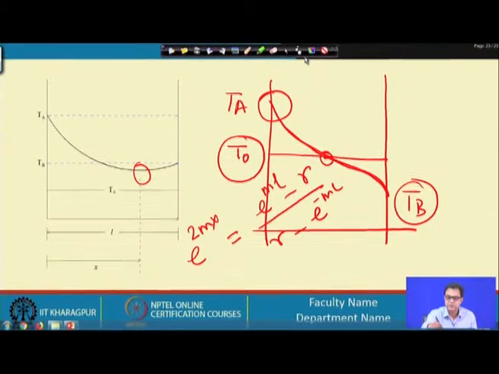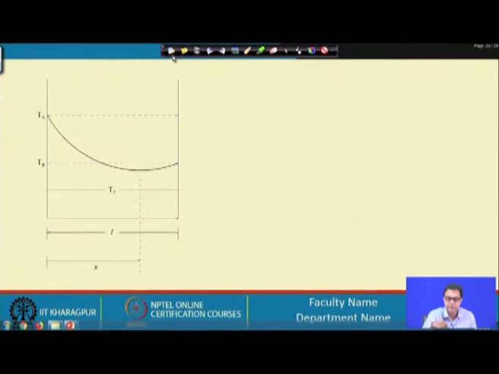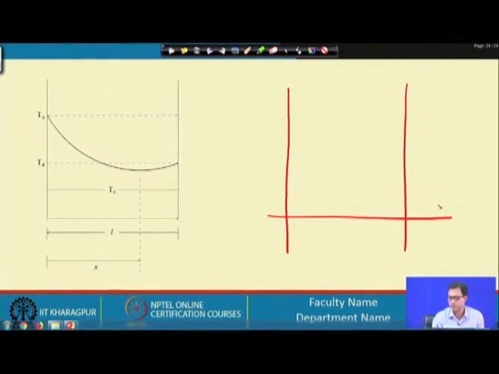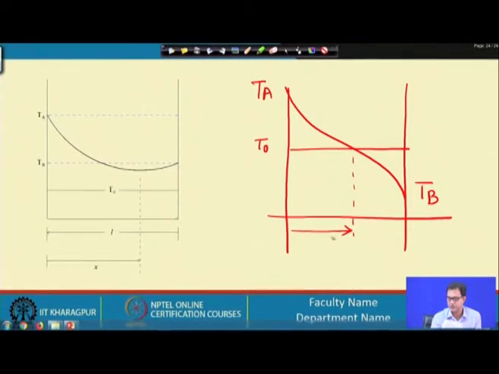So, at some point theta, for this situation where we are talking about, say this is TA and this is TB and this is where we have T0. At some point x we will find that theta x itself will vanish, because it will be similar to T0.